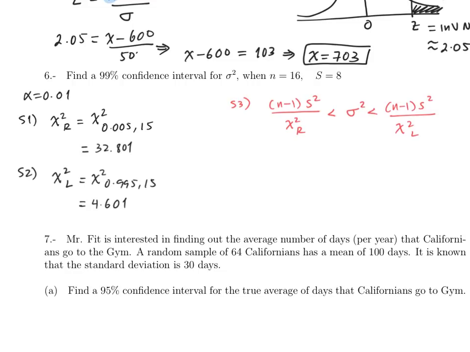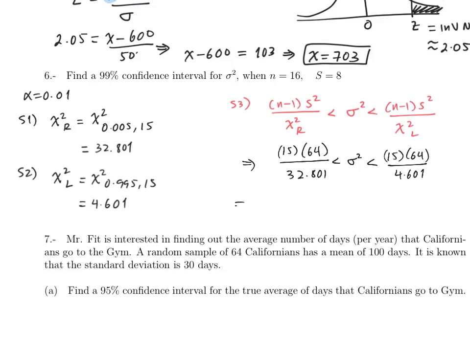So here, n, remember, is 16, so n minus 1 will be 15. S is 8, so s squared will give 64 divided by 32.801 less than sigma squared. This is the same number again, divided by 4.601.